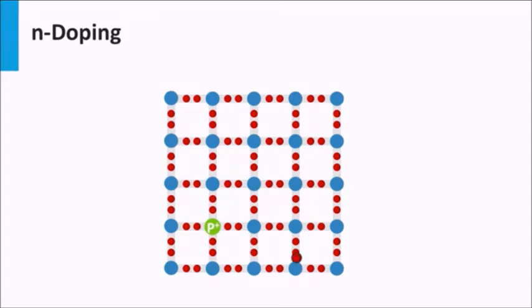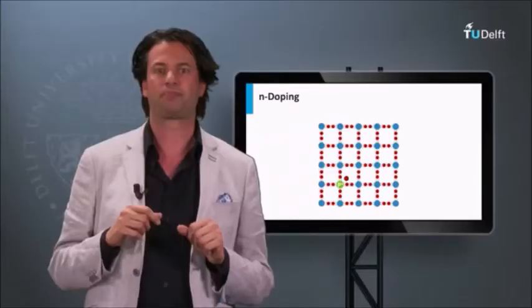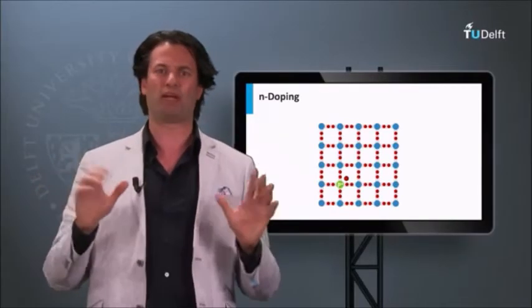The phosphorus atom left behind is not neutral anymore and becomes a positively charged entity. This positive charge is fixed to the position where the phosphorus atom is residing in the lattice. The result is that by adding an impurity, we have 1 extra free mobile electron and a fixed positive charge in the background. This is called n-doping.